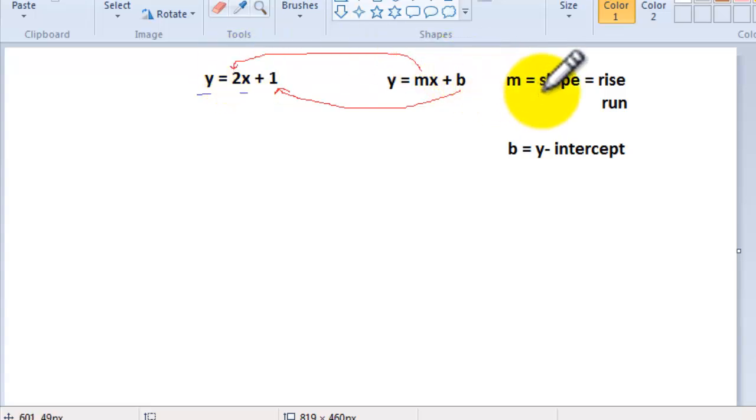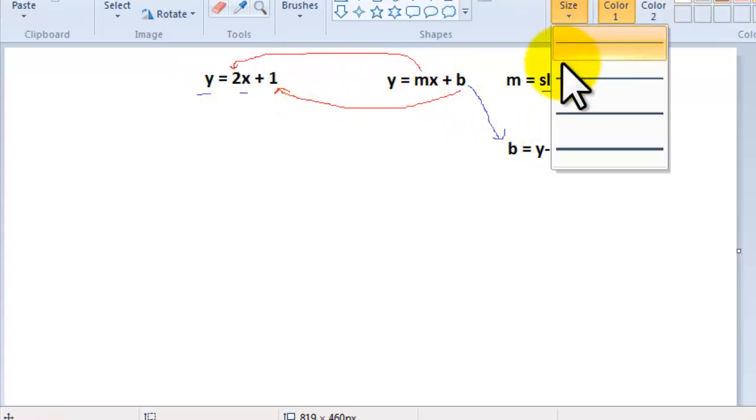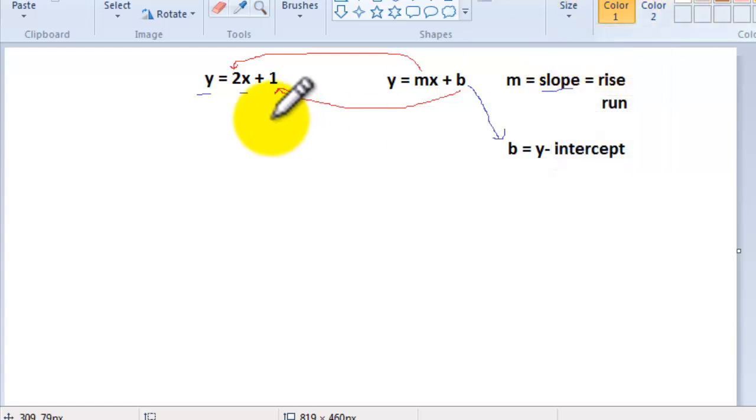So a linear equation is complete if it has y equals a number times x, and that number times x represents the slope. And then plus another number. That outside number represents the y-intercept, the b. So the whole point of this x and this y is exactly what we're going to do right now.